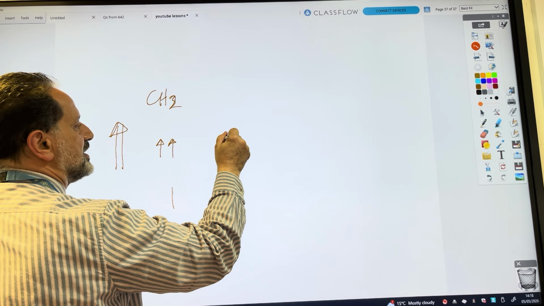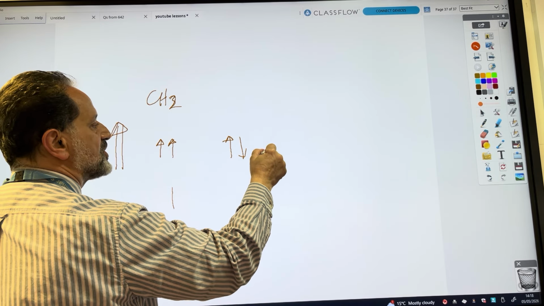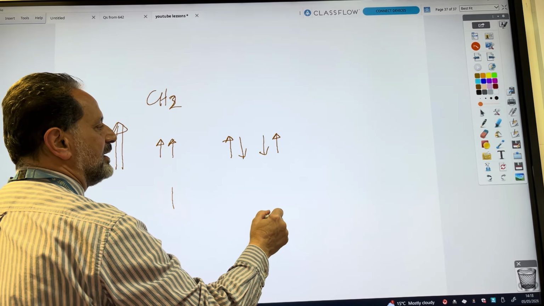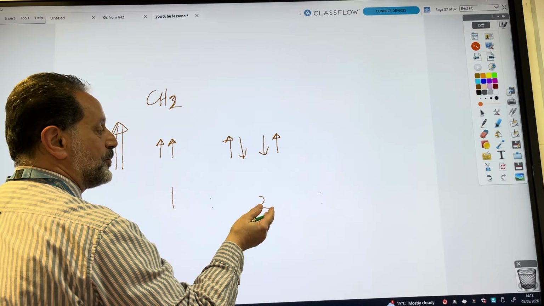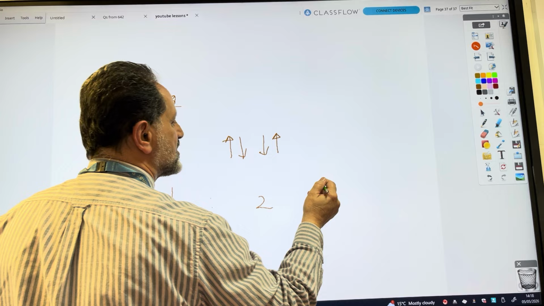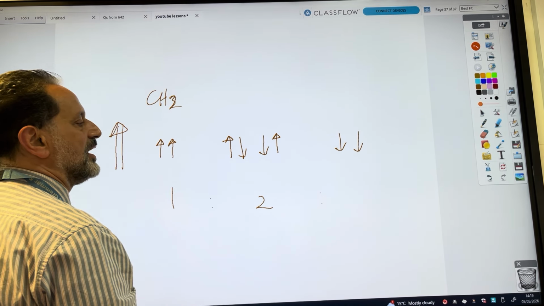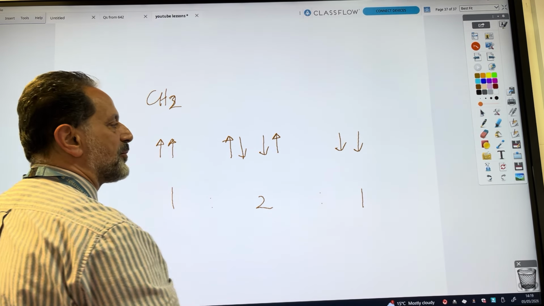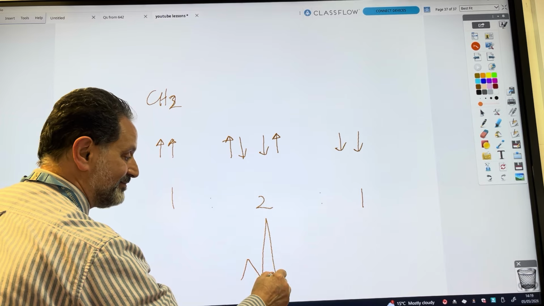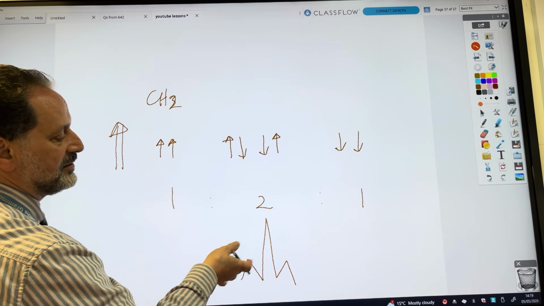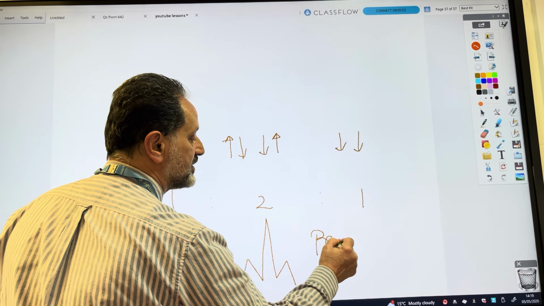There is a probability that the first one could be parallel, the second one against, or the first one against, the second one parallel. There are 2 possibilities there. And then the other possibility is that both protons would be spinning against the external magnetic field, and there is only one probability there. And that's why the signals look a bit larger in the middle and 2 small ones on either side. It's all due to probability.